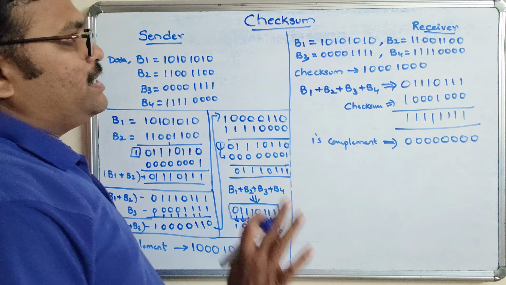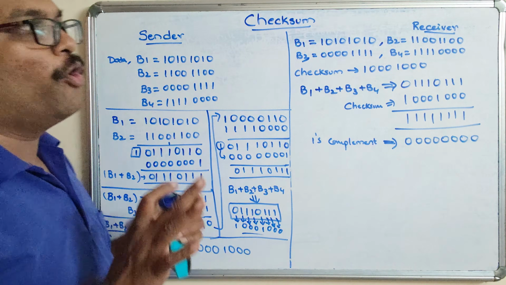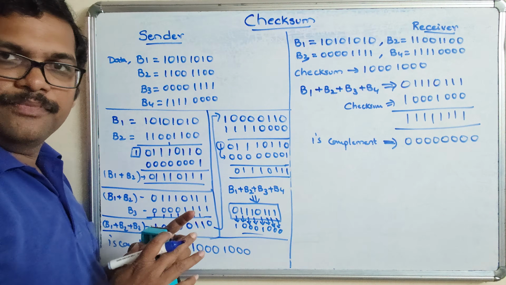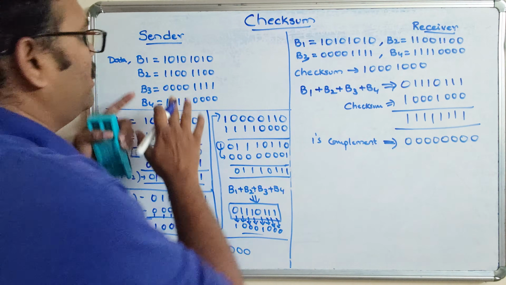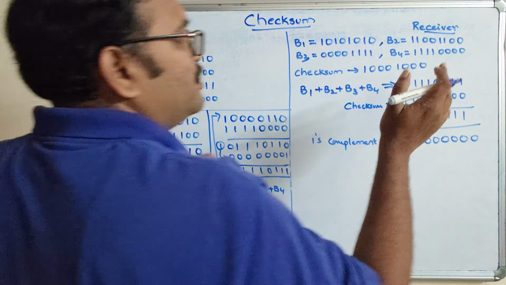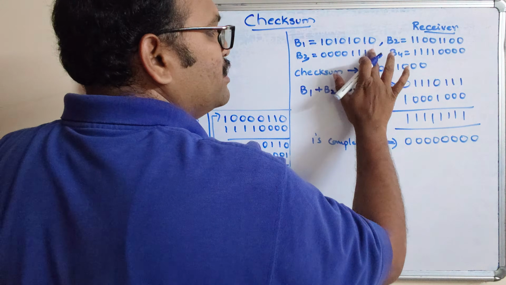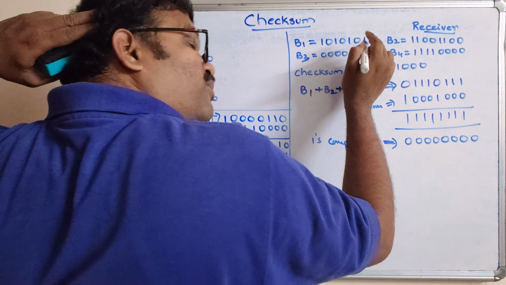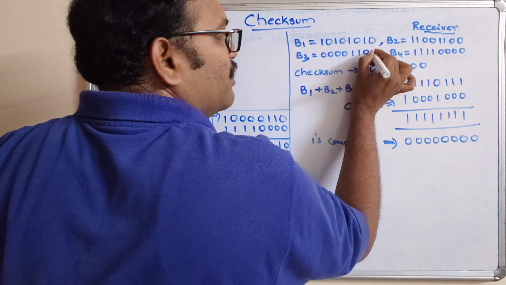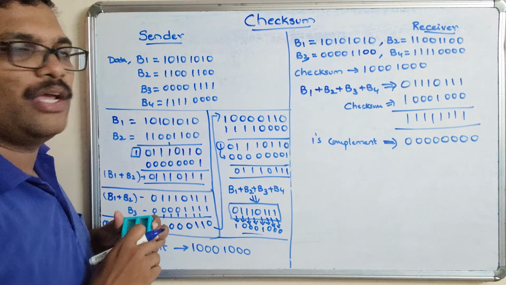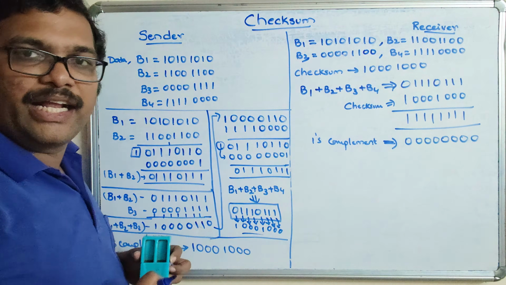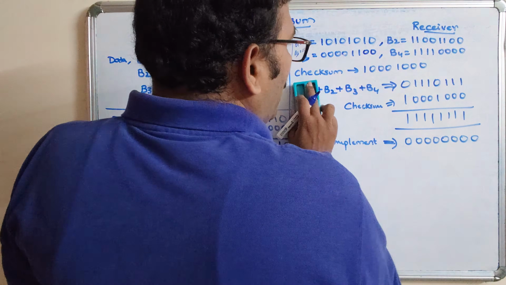For example, if there is any modification in this data, let us check. See, in B3, instead of getting 4 zeros and 4 ones, if the data is received in this way, now what happens?